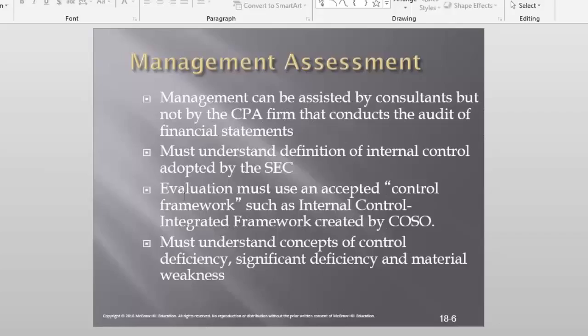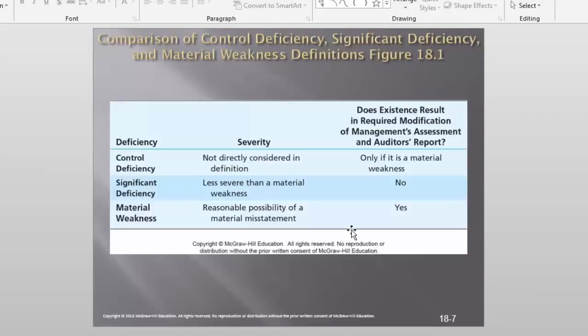So management needs to understand the definition of internal controls, and again, we're primarily talking about this COSO framework, and we must understand the concept of internal control deficiencies, significant deficiencies, and material weaknesses. Why is this important?